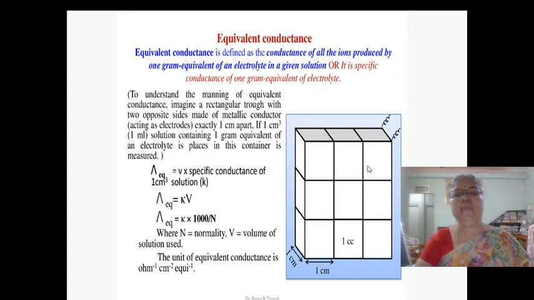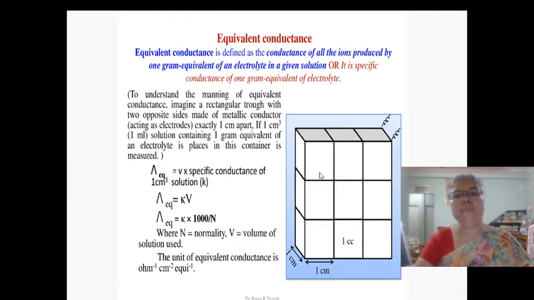Again, if we add 99 ml of solution, and the added salt remains 1 gram equivalent, we measure the conductance. At that time, equivalent conductance is equal to specific conductance into the total volume of the solution. Suppose 1 plus 99 means 100, so kappa into 100 is the equivalent conductance.